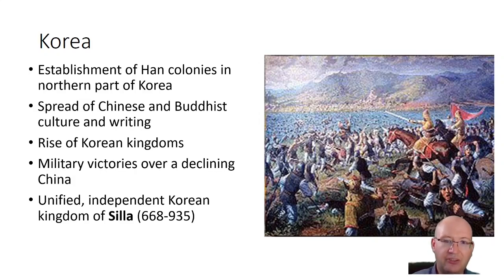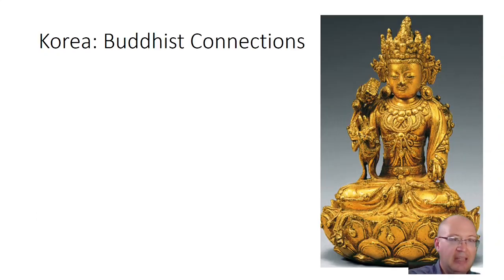And like I said, there are lots of arguments about this actually in Korea, but for our purposes, you've got this unified independent Korean kingdom of Shilla by the 7th century. And as we saw similarly with China, there are also important Buddhist connections here.